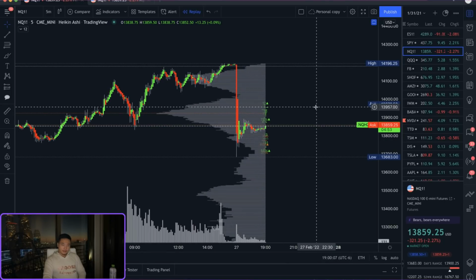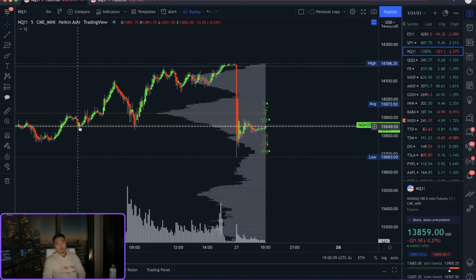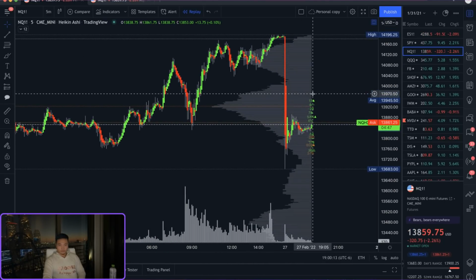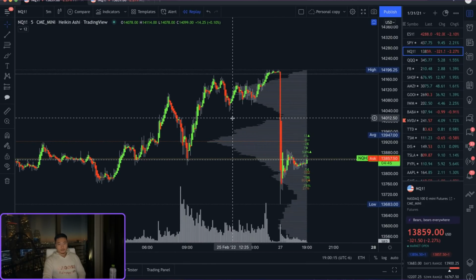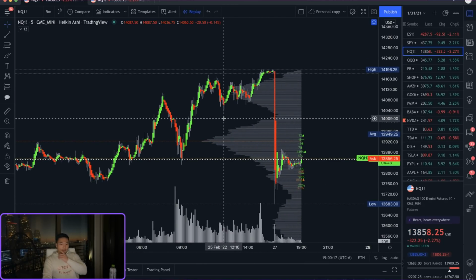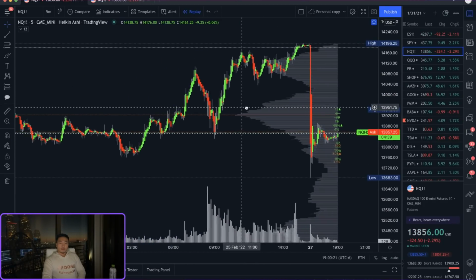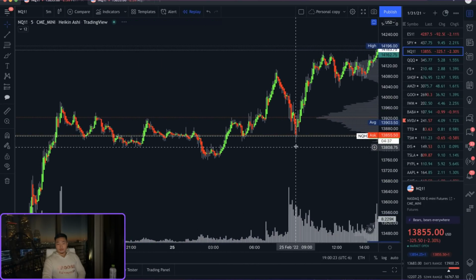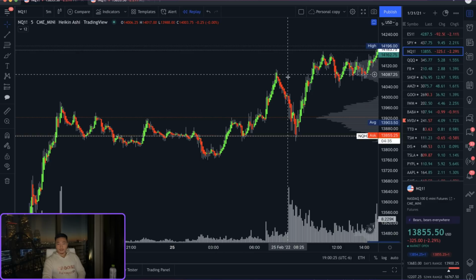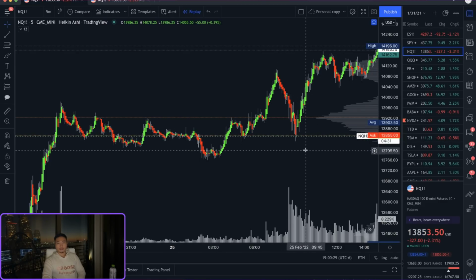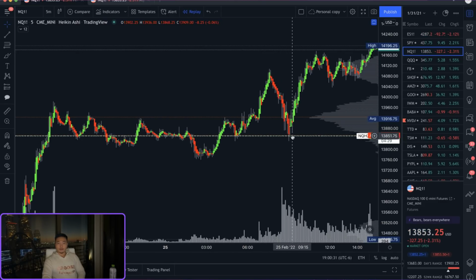Another thing is, let's say a scenario, that is the support of that drawdown right here. So what that means is later on, if we drop below that level, it's going to be the new resistance.